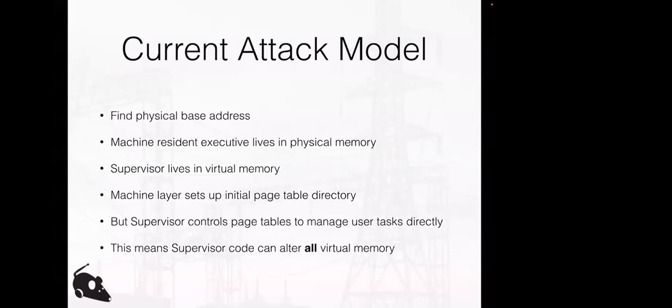So the machine layer sets up the initial page tables and hands off to supervisor layer. The supervisor layer can then only interact with the page table directories, because it's running in virtual mode. But here's the thing: the supervisor mode in the early version of the RISC-V architecture could alter all virtual memory.